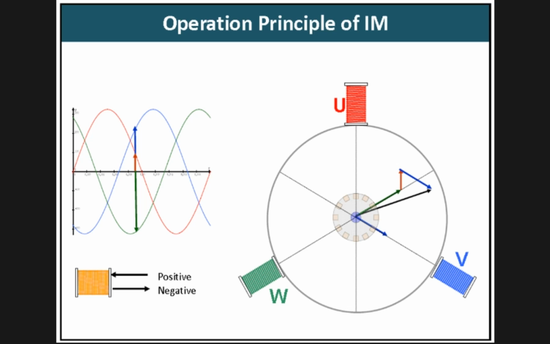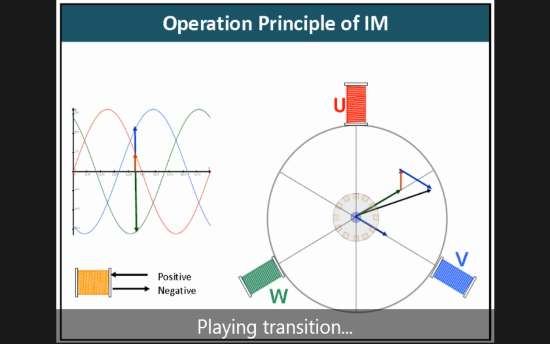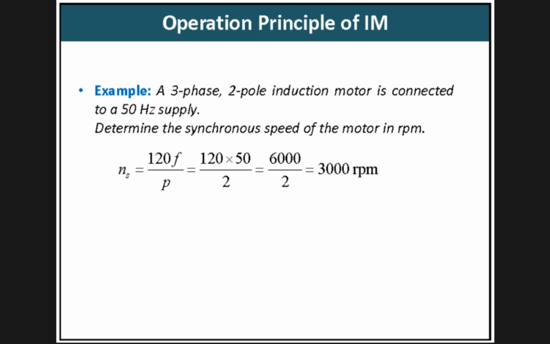So then we can calculate the synchronous speed. If we know the frequency of the power supply and the number of poles, the equation is Ns equals 120 F over P. So a simple calculation can be done for this example.